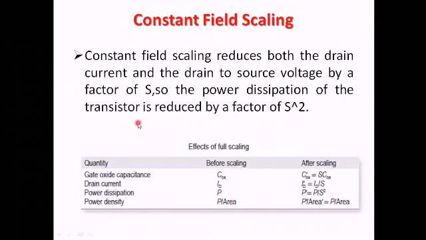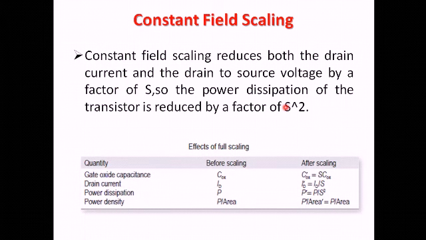Now the continuation of the constant field scaling, or the full scaling, is: we know that the full scaling reduces both the drain current and the drain to source voltage by a factor of S. So the power dissipation of the transistor will be reduced by a factor of S square.